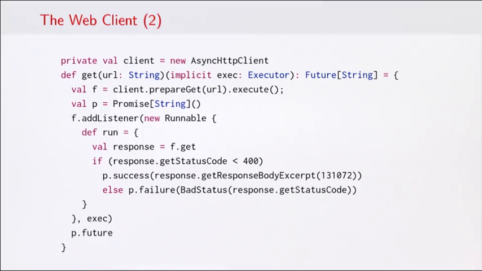Async HTTP client is a Java library using Java and its own futures. So what we have done here is in essence a mapping from the listenable future of async HTTP client to Scala's futures. I have included this here to demonstrate a common pattern.